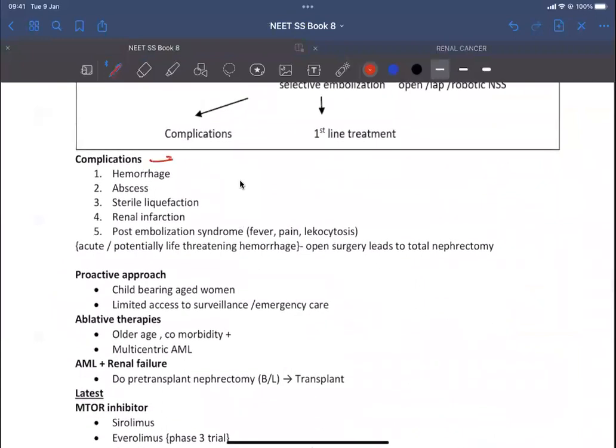So complications, these are both of the tumor and of embolization. You can get hemorrhage, abscess, sterile liquefaction, renal infarction, and post-embolization syndrome. But open surgery should be avoided at all costs in these patients, because if you do that, all you'll be able to do is a nephrectomy.